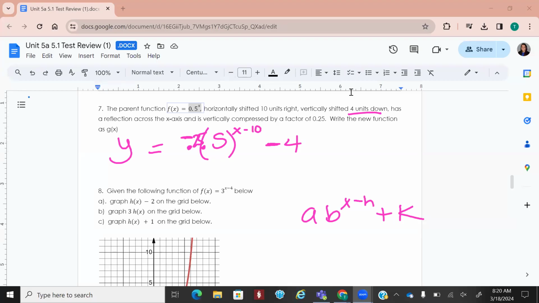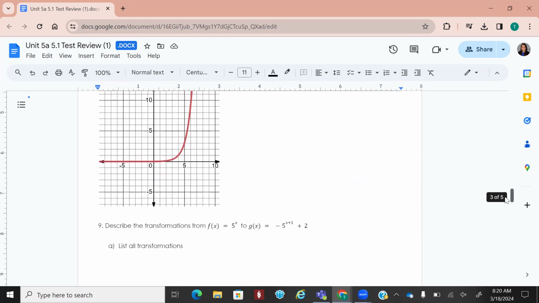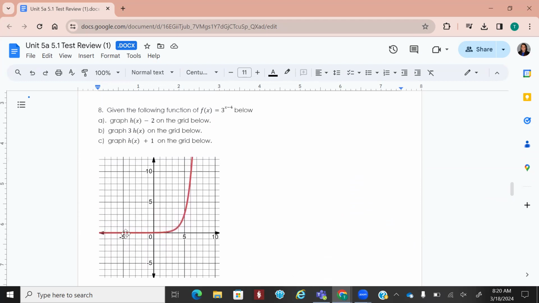This next question is not on your mastery check, but it's something that I think we should go over. It says take this line and move it 2 units down, stretch it by 3, and then add 1, or I'm sorry, move it 1 up. I'm going to do these in different colors. First we're going to take this minus 2.